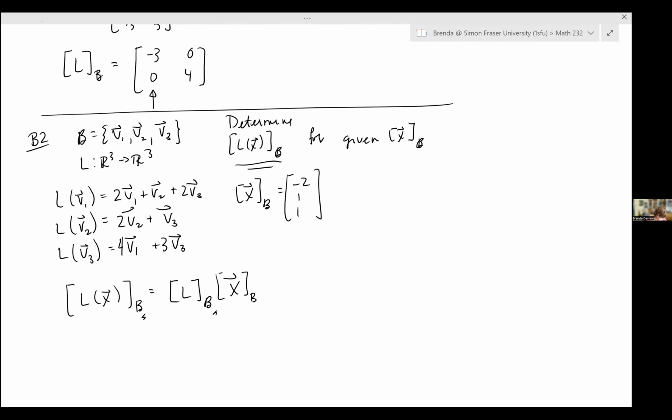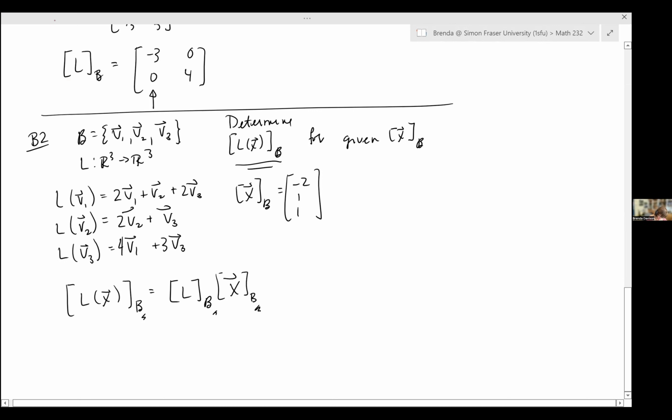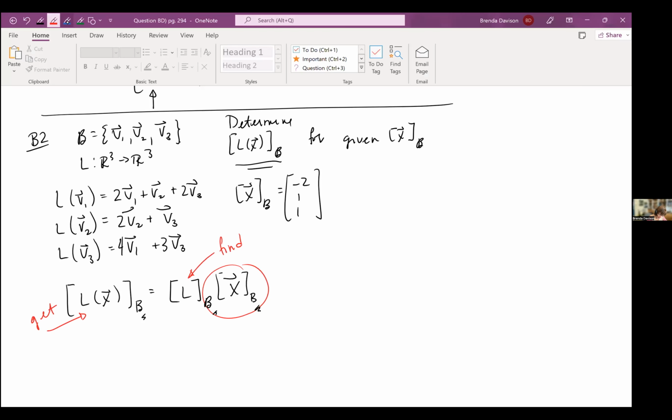Okay, these all have to match. They have to be in the same basis. Okay, so let's just notice what we're given. We're given that. And of course, if we can find this, then we'll get that. That's the objective, the method I'm going to use.